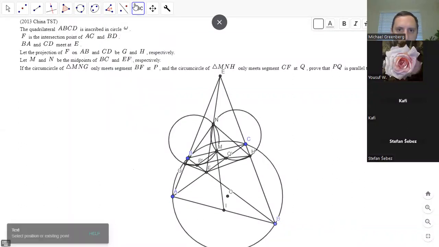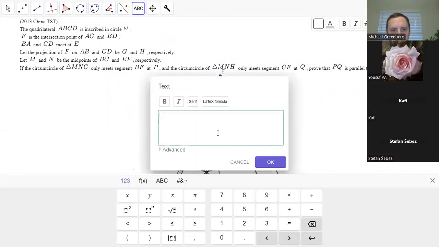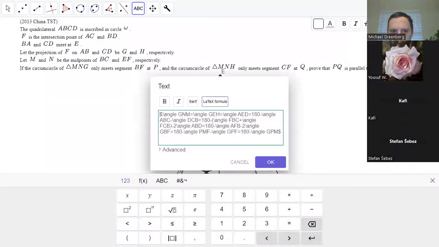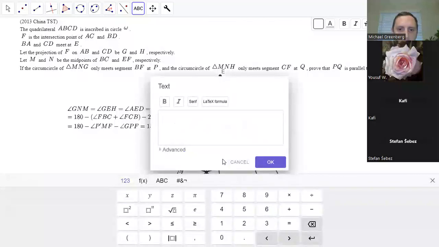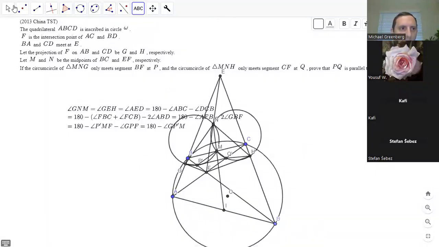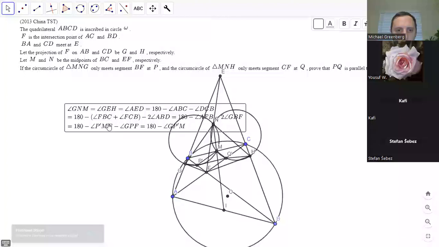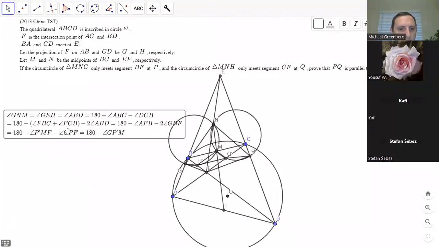Let's see how this looks. Oh, that came out nice. Okay, so let P prime and Q prime be the midpoints of BF and CF.